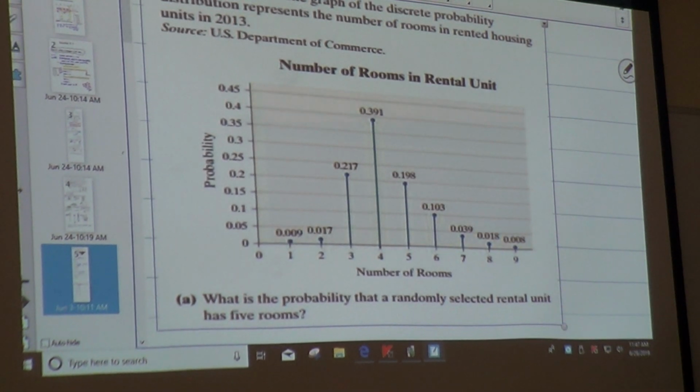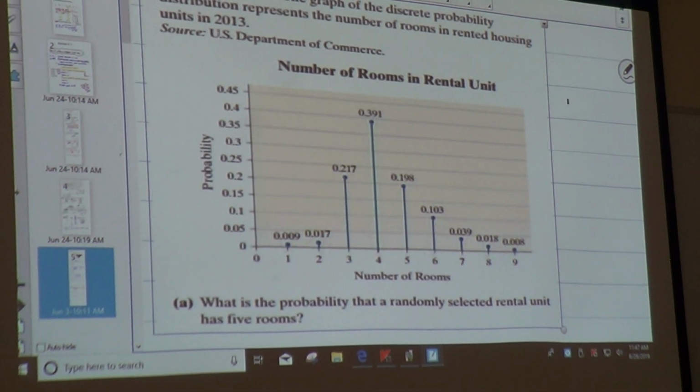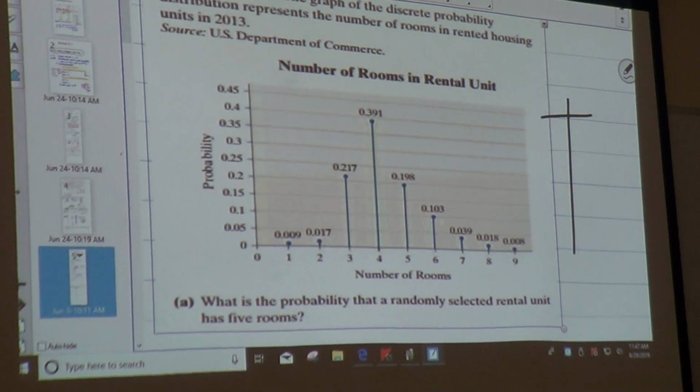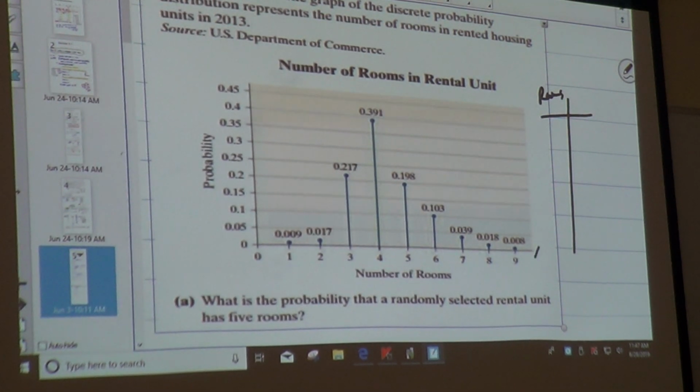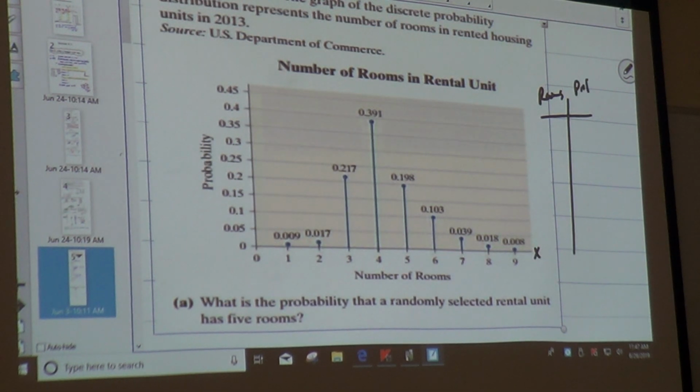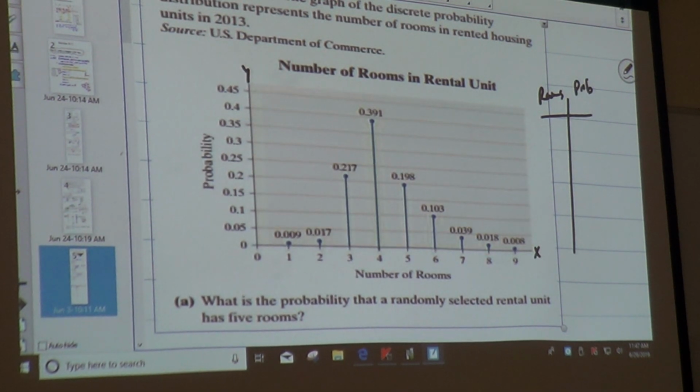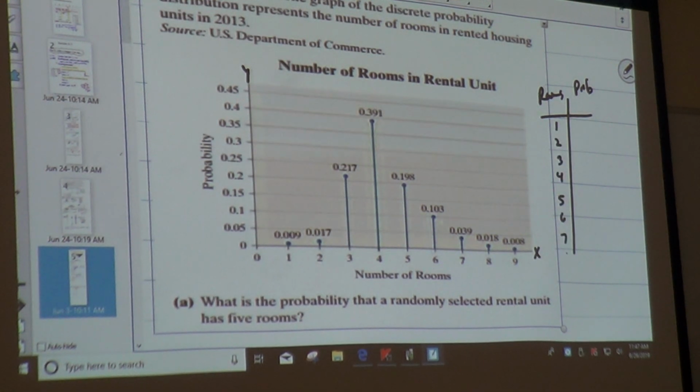So it's going to be rooms because this is your X, and this is probability because this is your Y. So it's going to be 1, 2, 3, 4, 5, 6, 7, 8, 9, 0.009, 0.017, 0.217, 0.391, 0.198. They're just showing you it as a different display.